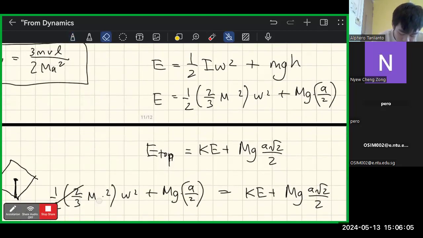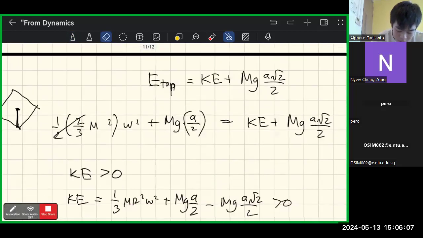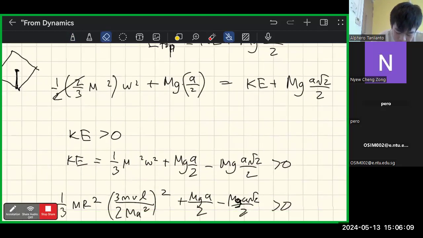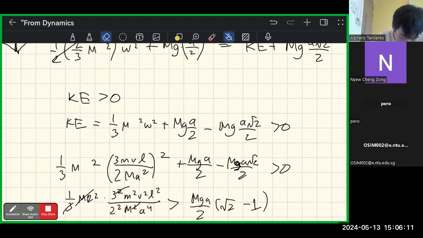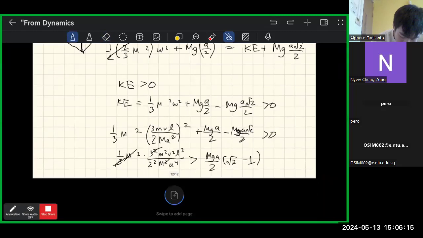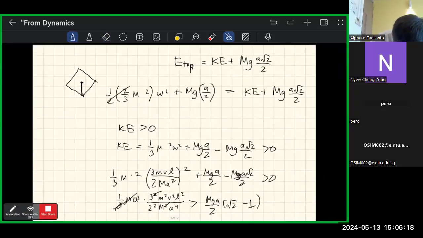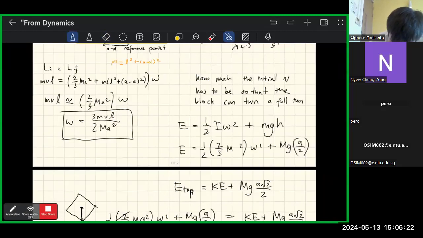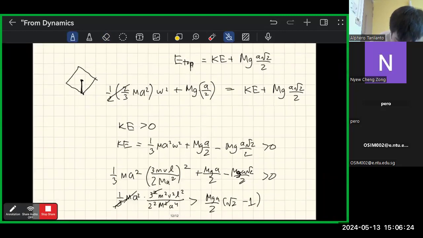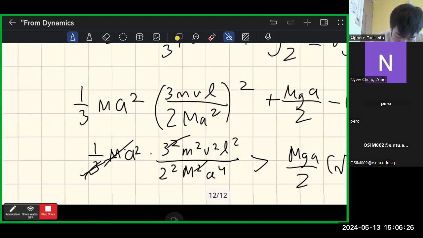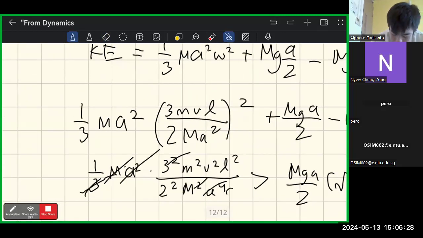Why? Sorry, a lot of mistakes. It's a. It's a squared. So a squared. Okay. So yeah, it's a squared, a to the power of 4. It's a squared.